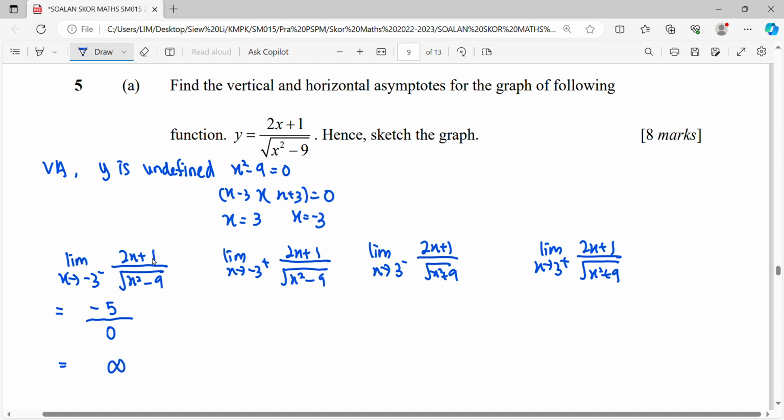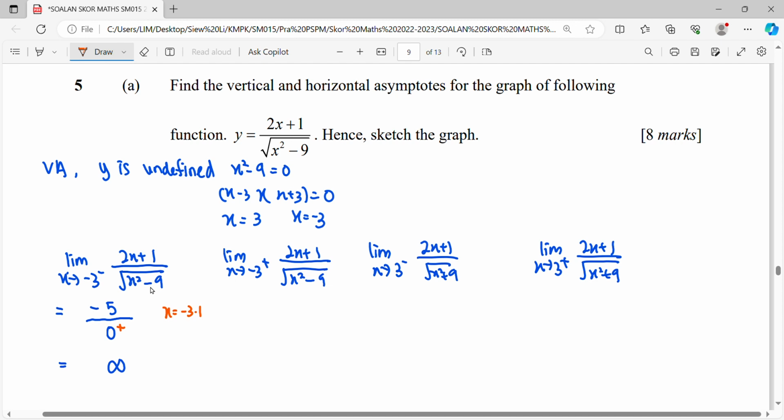When we want to test a value from the left hand side of negative 3, the test value here will be x equals negative 3.1. You will notice that this denominator approaches 0 from the positive side.